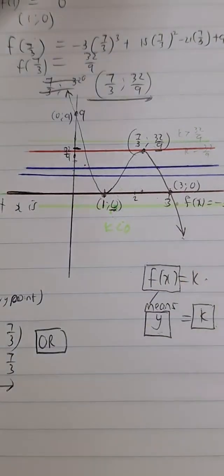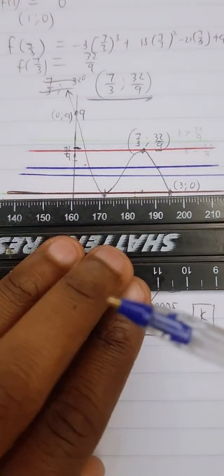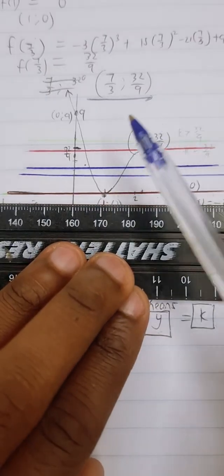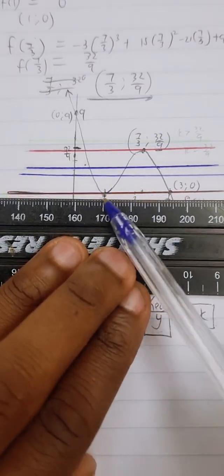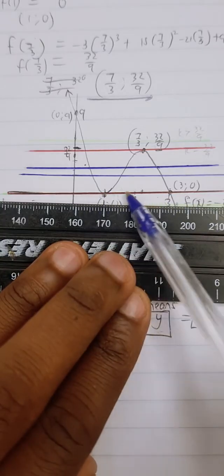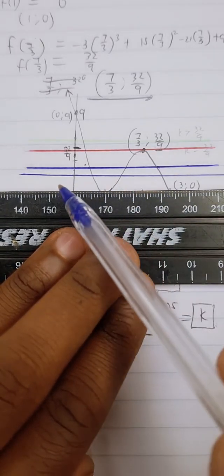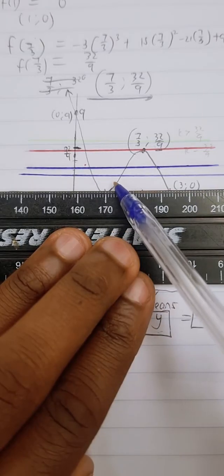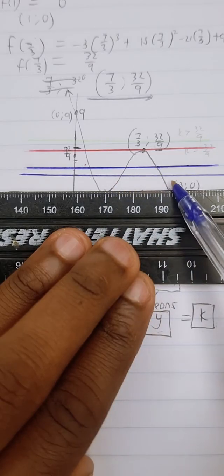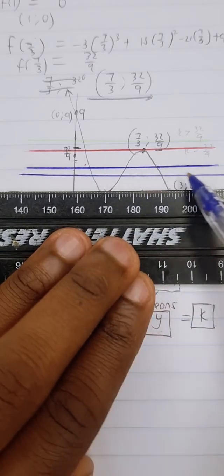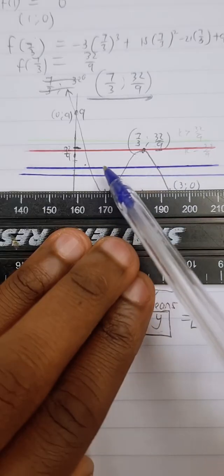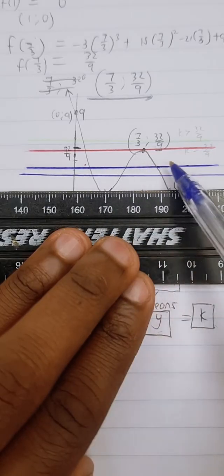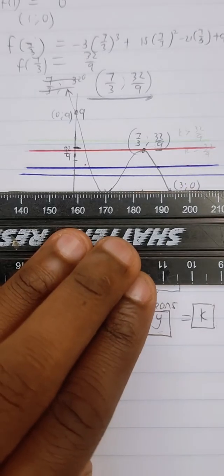If you had your line just above this stationary point, then if you draw a horizontal line, it cuts through 1, 2, 3. So that's 3 roots. That's why these blue lines indicate 1, 2, 3, 1, 2, 3. That's 3 different real roots.